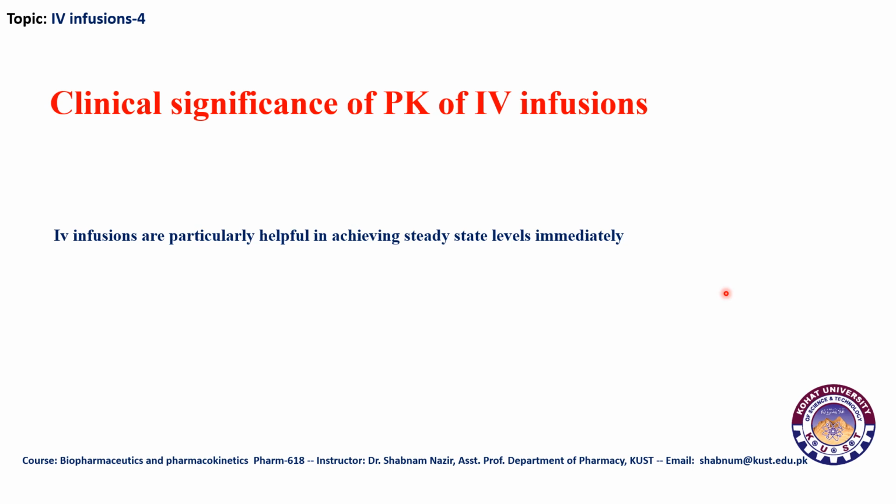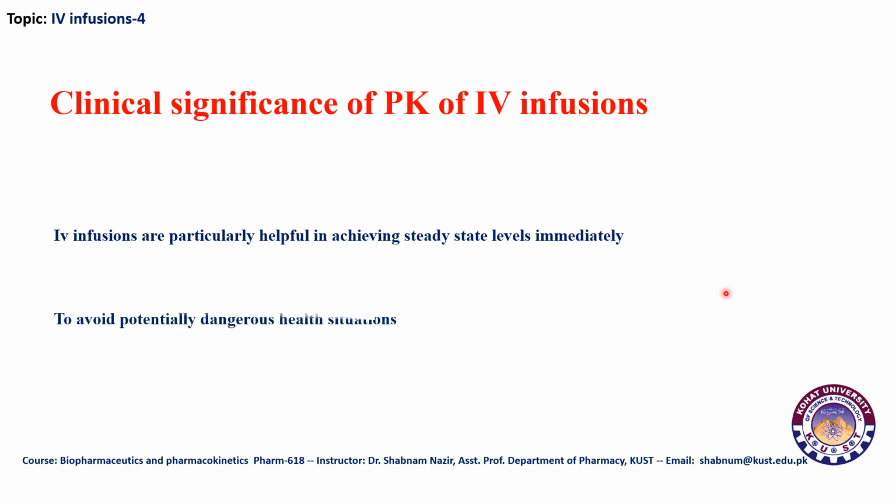Though in the previous lecture we discussed that no matter whatever you try, the steady state level would be achieved at a certain time period, that does not hold true in a situation where you are administering intravenous infusion along with another dose, which is also called the loading dose. In that situation, intravenous infusions can be helpful in achieving the steady state levels immediately.